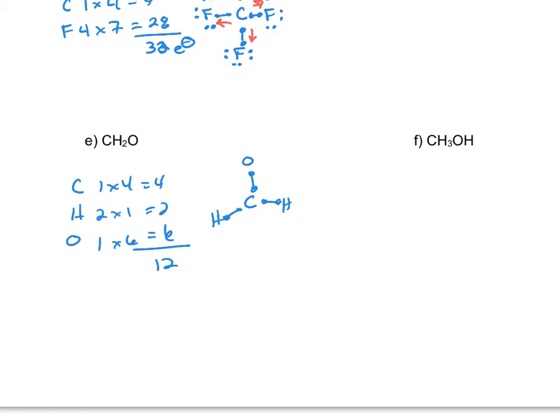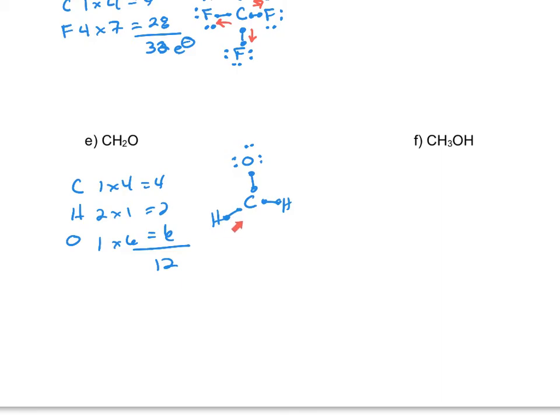And in this case, we've got now 2, 4, 6 electrons. So we need to add 6 more. 2, 4, 6. So we've got all of our electrons in.